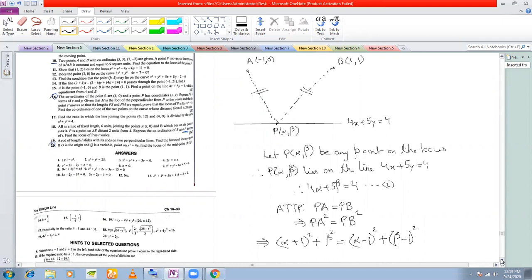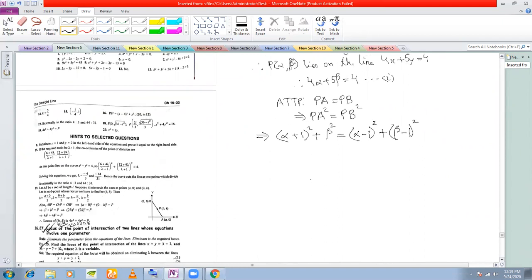Okay, so now you expand this. Alpha square plus 2 alpha plus 1 plus beta square is equal to alpha square minus 2 alpha plus 1 plus beta square minus 2 beta plus 1. So alpha square cancels here, beta square cancels, 1 and 1 cancel.